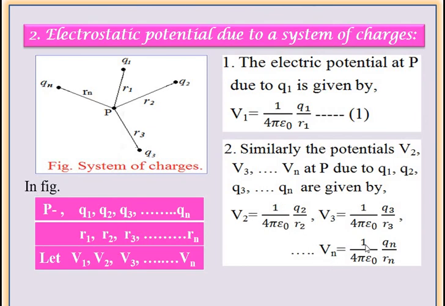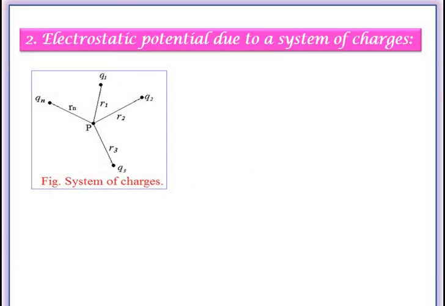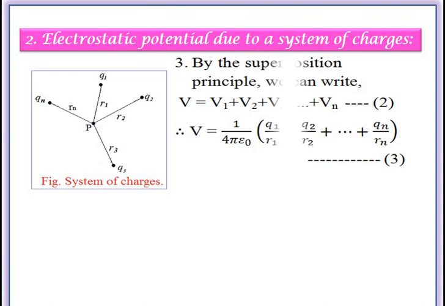Therefore, Vn is equal to 1 upon 4 pi epsilon 0 into Qn divided by rn. By the principle of superposition of potentials, V is equal to V1 plus V2 plus V3 plus V4 up to Vn. Suppose this is equation number 2.